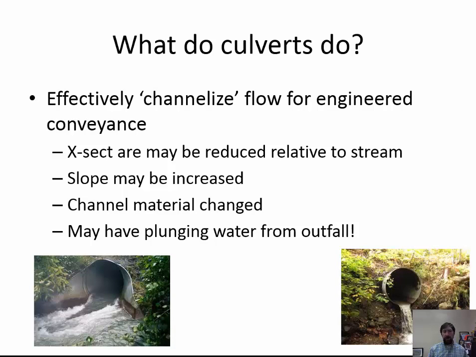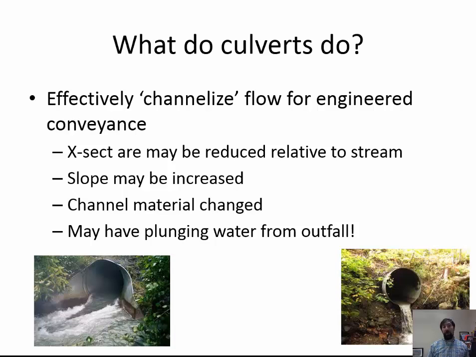So what do culverts do? Basically, they channelize the flow for engineered conveyance. The cross-sectional area is probably reduced relative to what the actual cross-section of that stream area is. The slope tends to get increased over that short distance through the culvert. We tend to have steeper slopes than would probably be in a natural channel. Obviously, the channel material has changed, unless we're using a stream simulation type culvert.